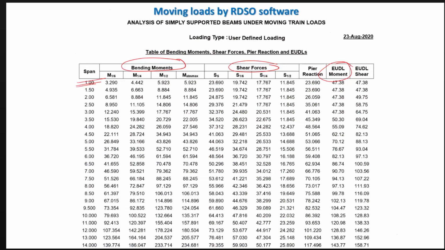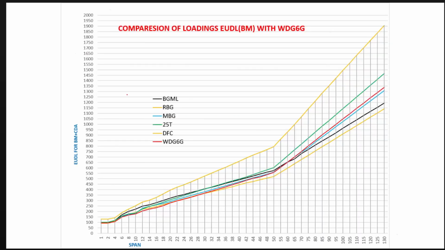Based on this data, I have plotted these UDLs for bending moment with CDA for the different spans in comparison to the locomotive, for better understanding. Rather than seeing the table, if we plot it, then we can understand. So you can see, as I have told, the WDG is the heaviest loco. You can see WDG6G is the red color and BGML is the black color.